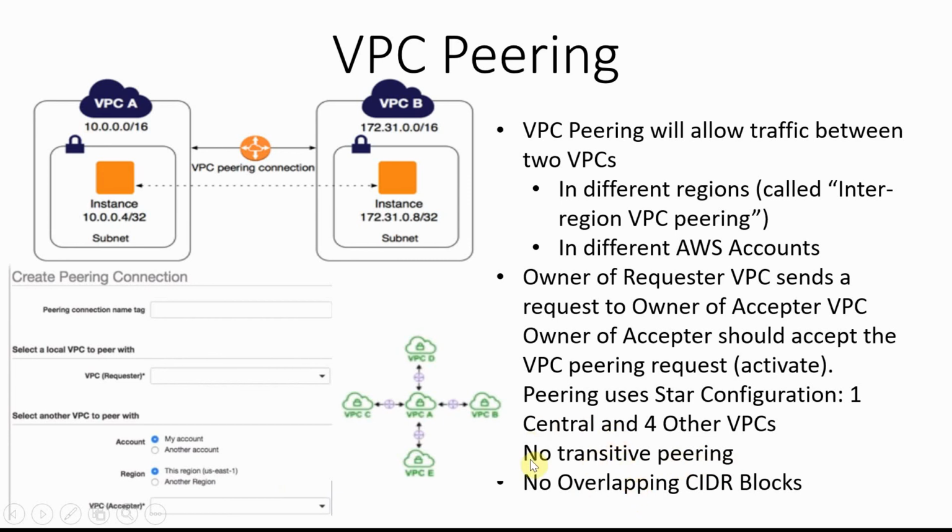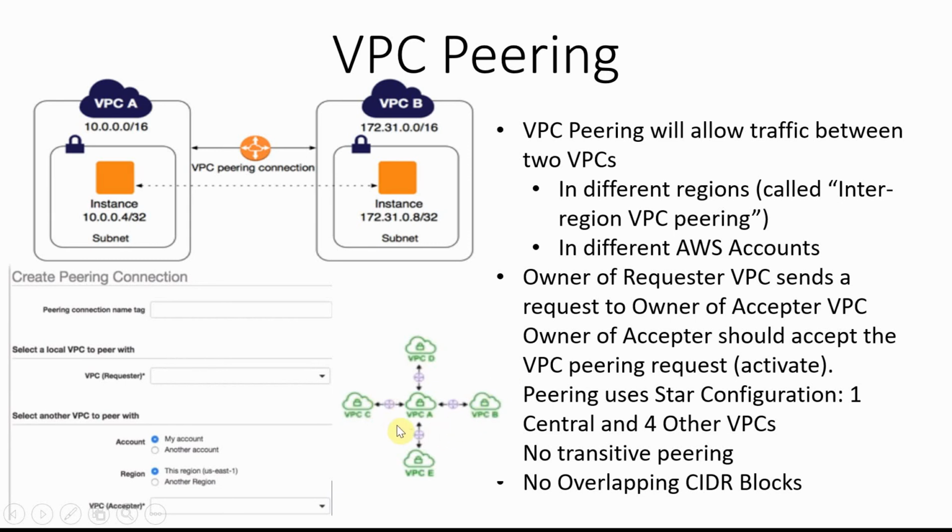Another important thing is the star configuration. This is something that can come as an interview question or an exam question. Peering uses a concept called star configuration. What I mean is, if there are multiple VPCs that want to talk, let's say A is connected to B, and A is also connected to C. It doesn't mean that B and C can talk to each other.